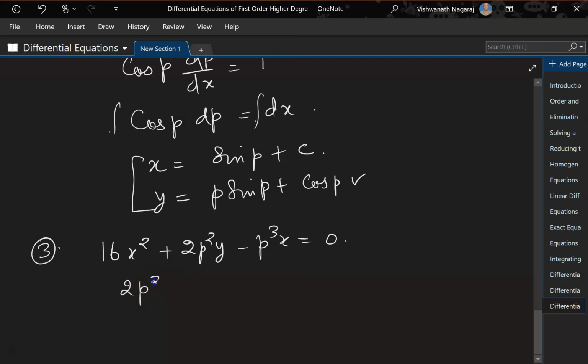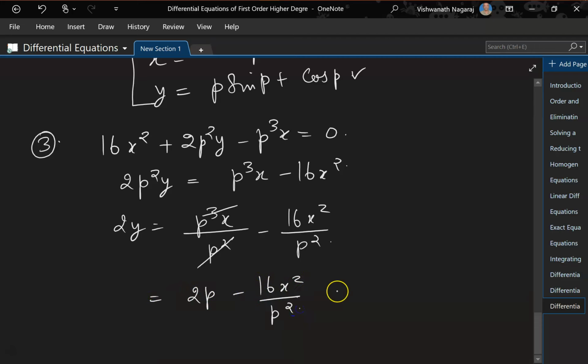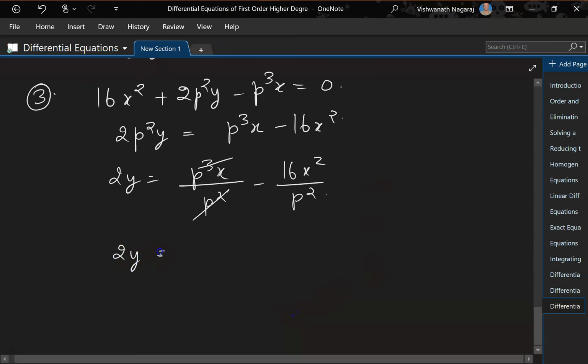So 2p square y is equal to p cube x minus 16x square. 2y is equal to p cube x by p square minus 16x square by p square. P square and this gets cancelled. So we are left with px minus 16x square by p square. Now this is 2y is equal to px minus 16x square by p square.